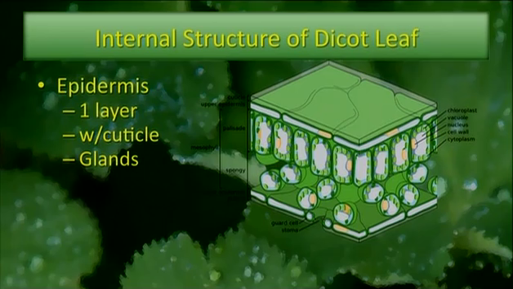Some plants have stomates on the bottom part of the leaf only, some have them on the bottom and on the top, and some, like water lilies, will have all their stomates on the top surface because their bottom surface is right in contact with the water. And remember that stomates are for gas exchange.